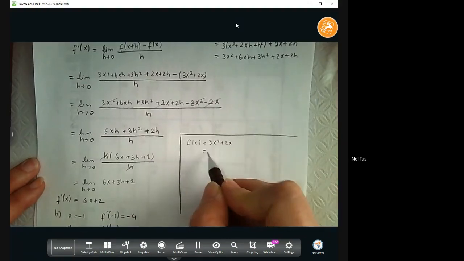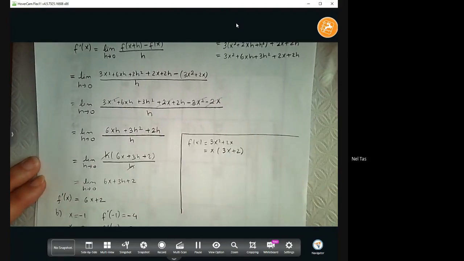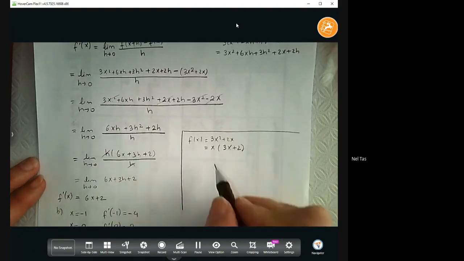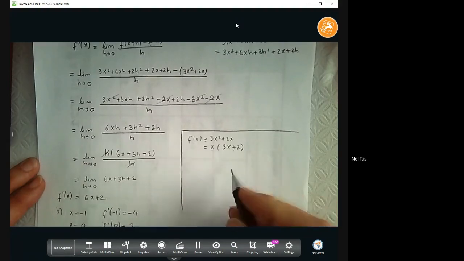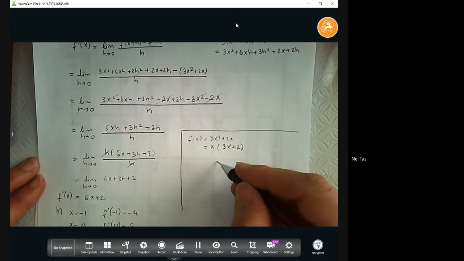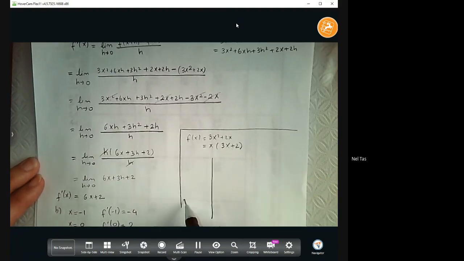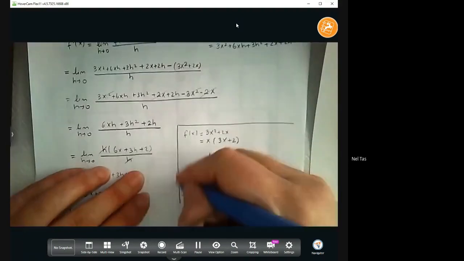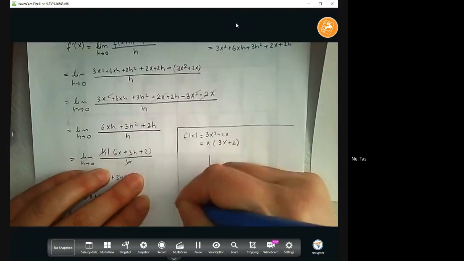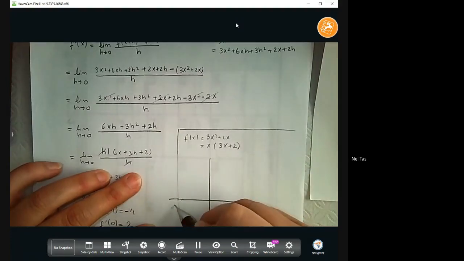If you factor x, you get x times 3x plus 2. So the x-intercepts of this parabola are 0 and -2/3, and this parabola opens up.